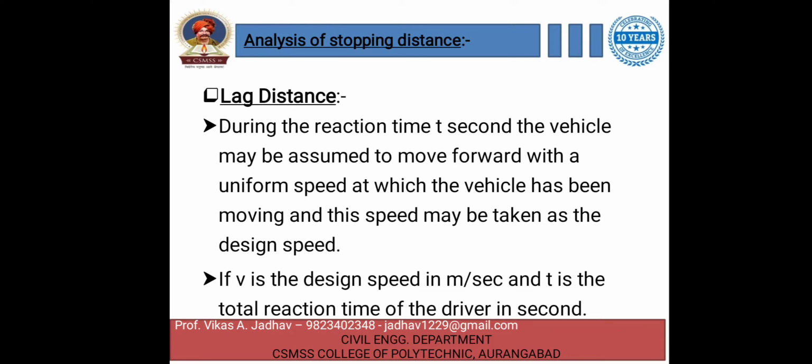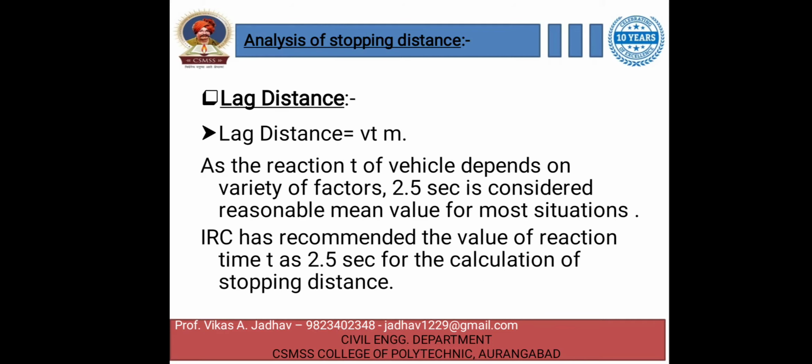If v is the design speed in meters per second, and t is the total reaction time of the driver in seconds, then by using this we can find the lag distance. Therefore the lag distance is equal to v into t, that is speed into reaction time.